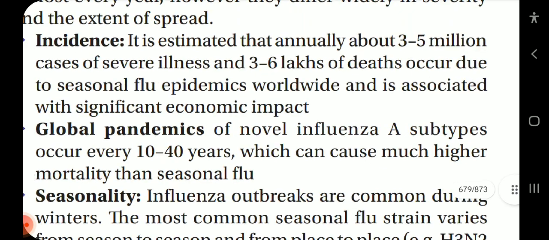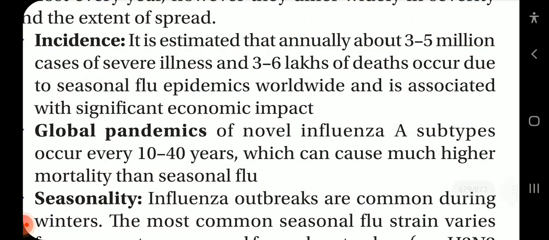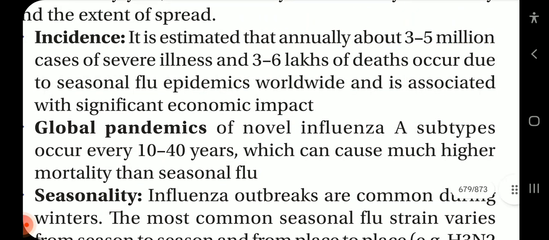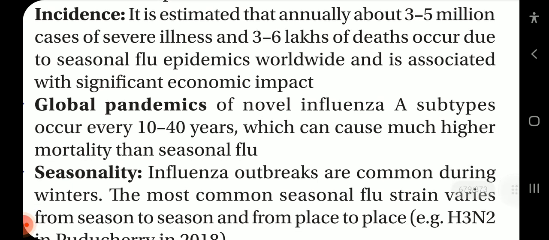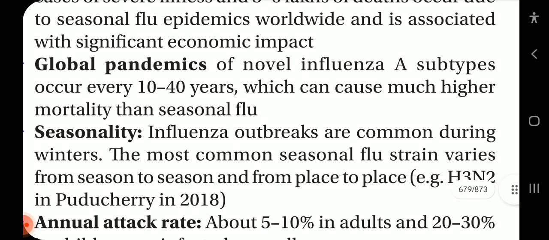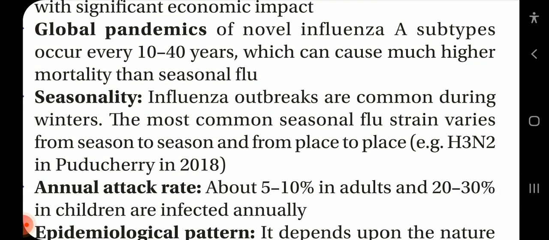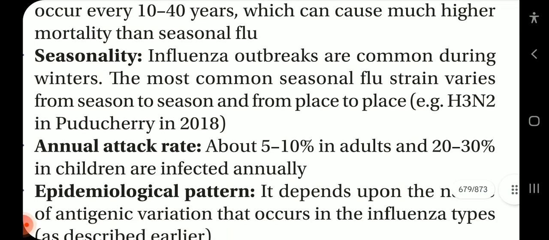Incidence. It is estimated that annually about 3 to 5 million cases of severe illness and 3 to 6 lakhs of deaths occur due to the seasonal flu epidemics worldwide and is associated with significant economic impact. Global pandemics of novel influenza A subtypes occur every 10 to 40 years, which can cause much higher mortality than seasonal flu. Seasonality.